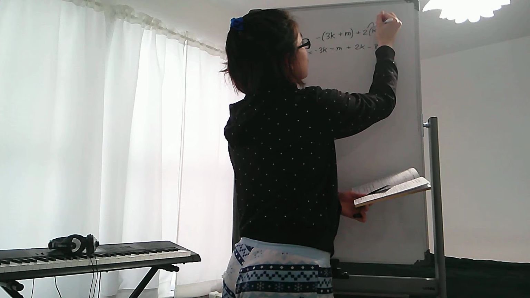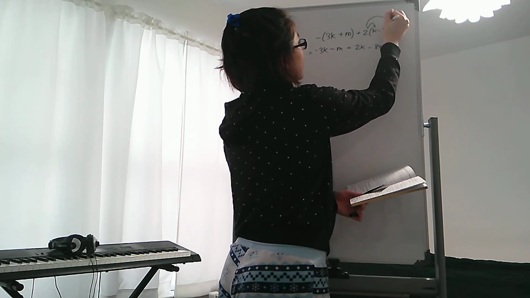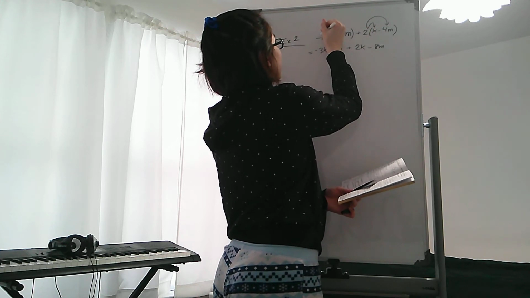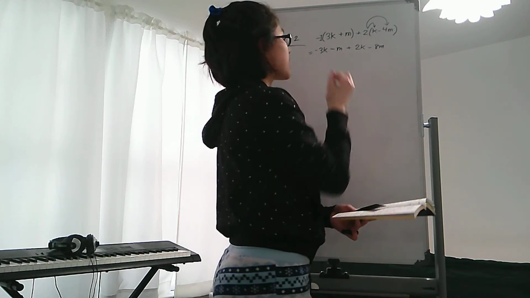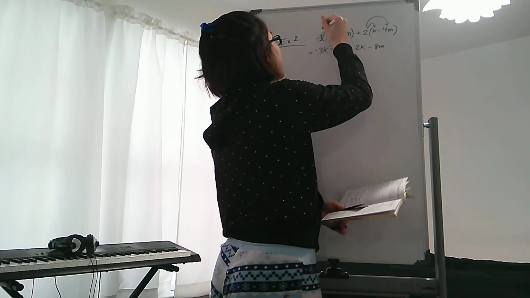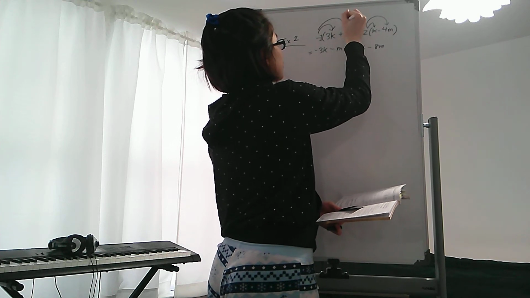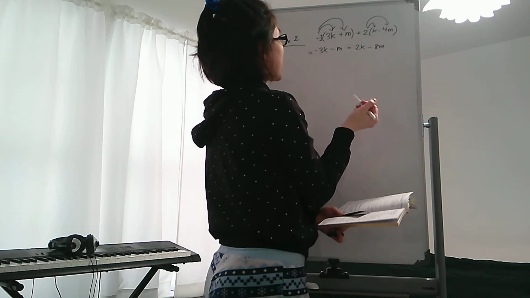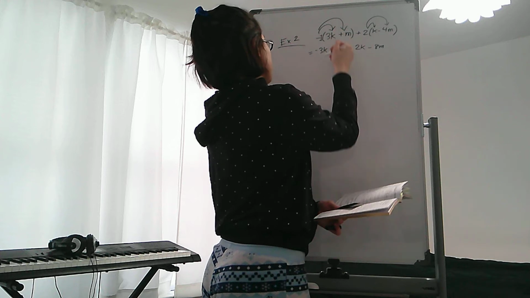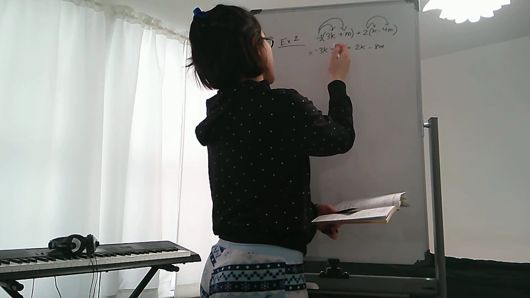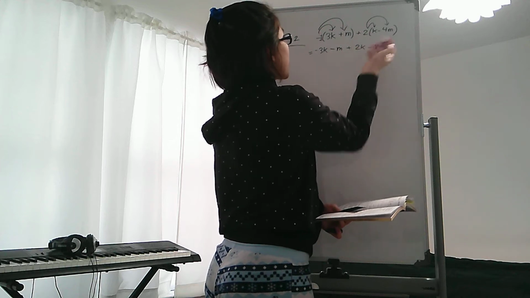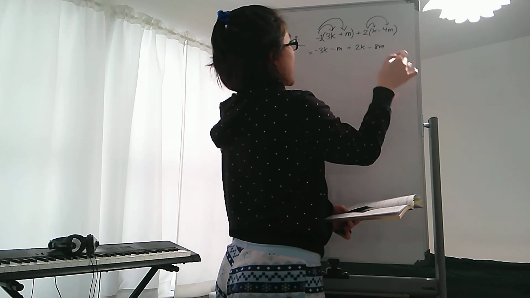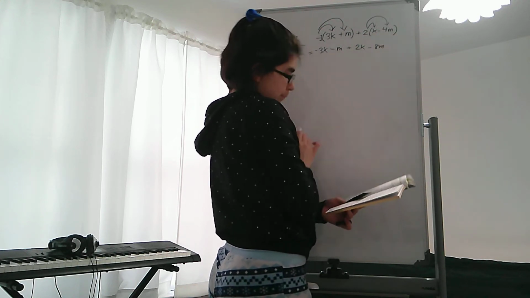Because remember, when you're distributing, that outside term is going to go to everything. So this negative 1, you can also think of as an application of the distributive property, because it is really just a negative 1 that is going to each of these two terms in parentheses, okay? So negative 3k from negative 1 times 3k, negative m from negative 1 times m, 2k from 2 times k, negative 8m from 2 times negative 4m.